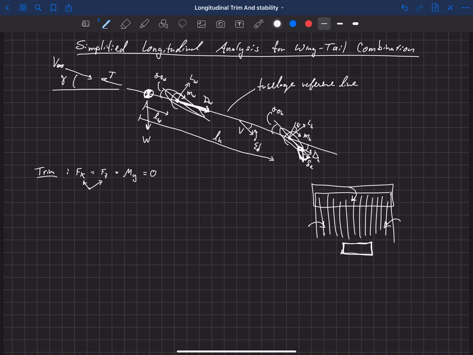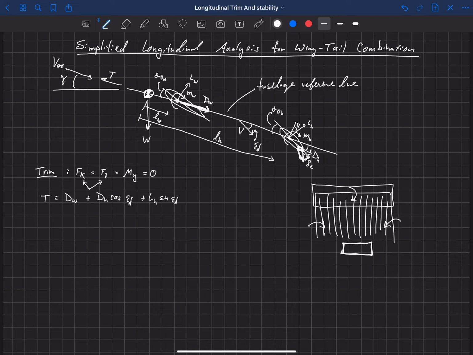So thrust is acting to the left here, and then the things acting to the right have to be equal to drag on the main wing, that's aligned with the thrust, plus the drag on the horizontal, but that's rotated, so it's actually cosine of epsilon d multiplied by that drag on the horizontal. And then we also have lift on the horizontal acting in that direction, and the component of that is the sine of epsilon d.